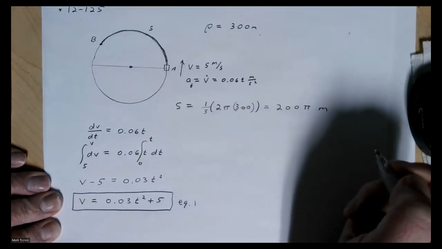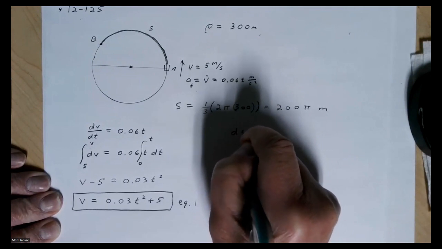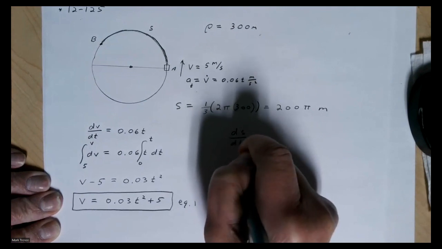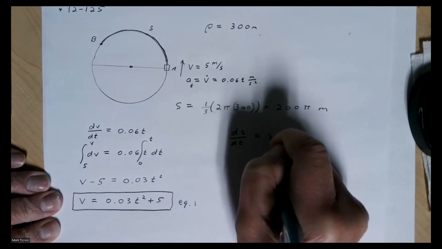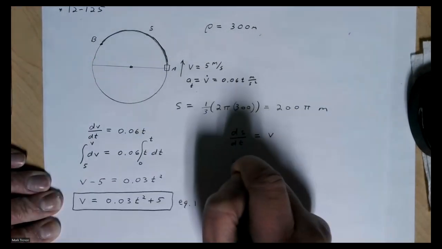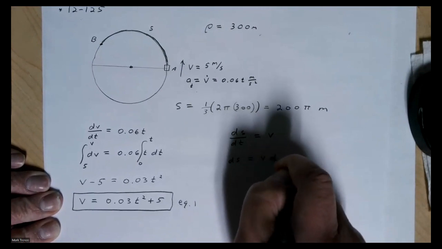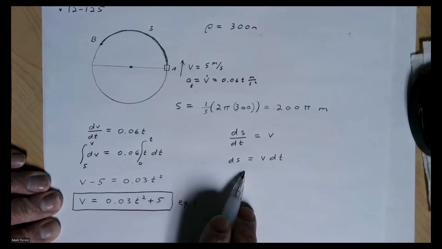And now we want the equation for distance, or position. I guess actually position would be the proper one. So again, we know that ds/dt is equal to the velocity. So if we rewrite this like this and put our velocity into here.